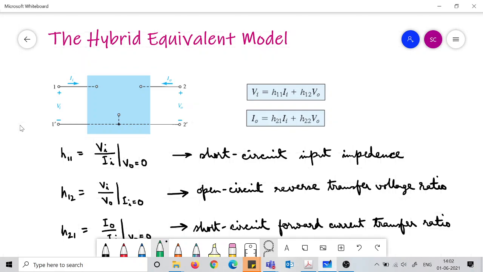So we have completed the RE equivalent model of the BJT. We have used that RE equivalent model to solve for the input impedance, output impedance and the voltage gain of several BJT configurations.